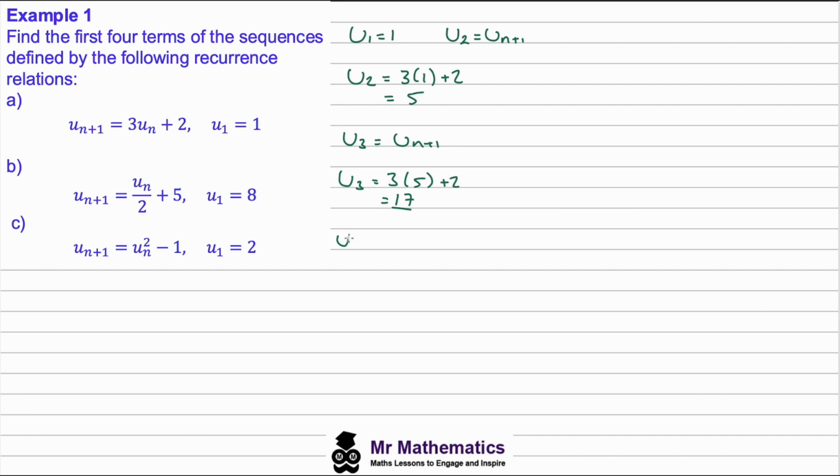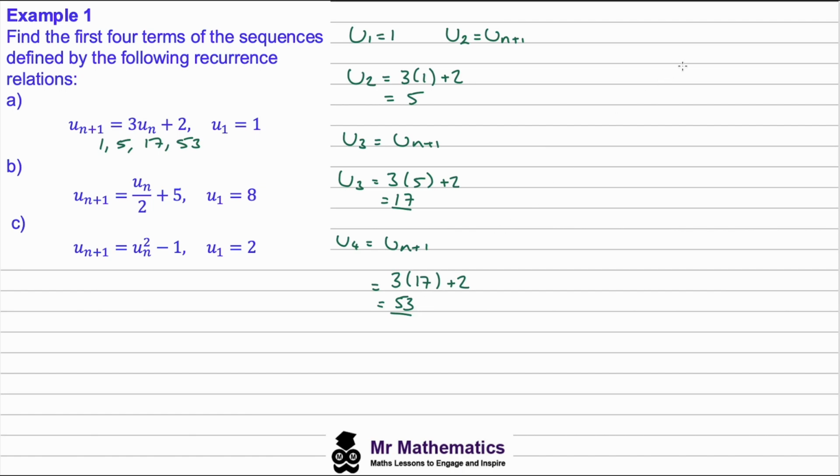And u4, this will be when n is equal to 3. So we'll have 3 lots of u3 plus the 2, and this will give us 53. So the first 4 terms in this sequence will be the 1, the 5, 17, and 53.